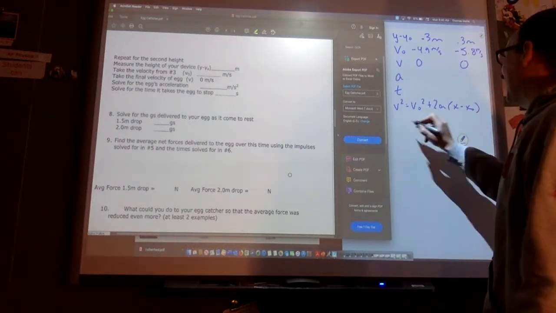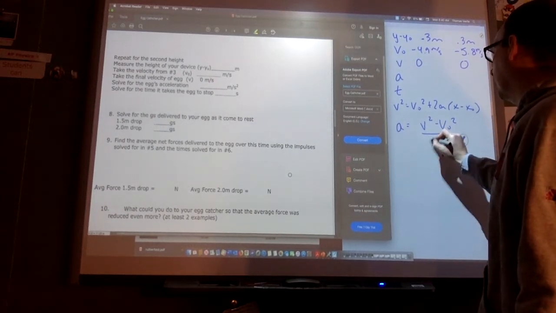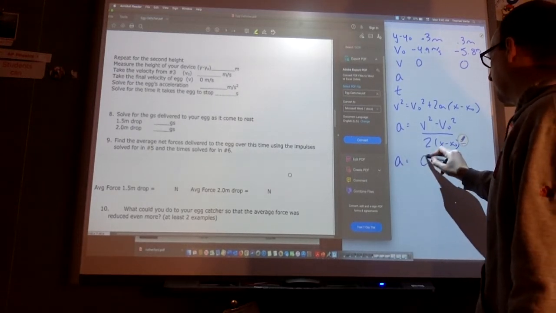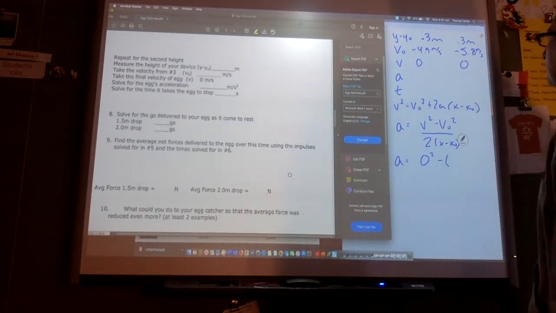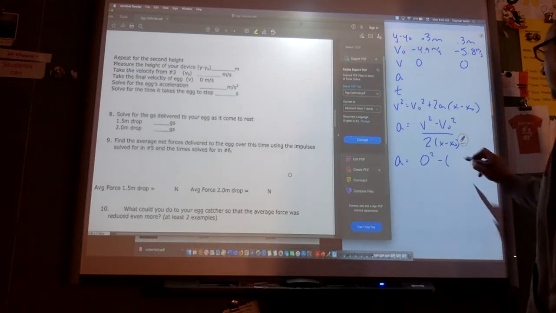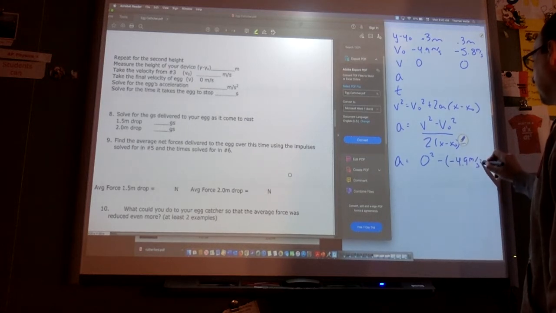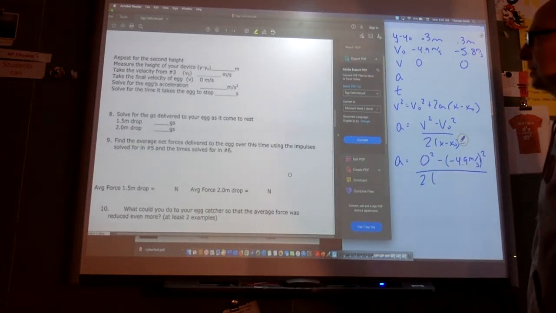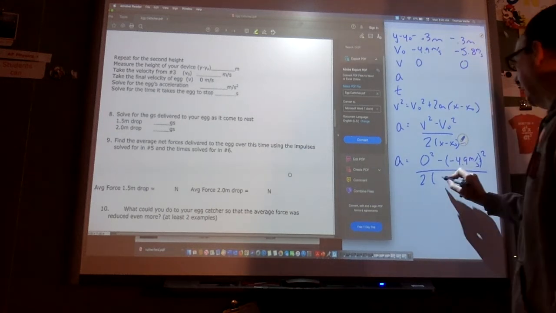All right, so I can say that acceleration would be equal to v squared minus v naught squared over 2 times (x minus x naught). So this is going to be 0 squared minus our initial velocity, so that's going to be negative 4.9 meters per second, squared, over 2 times the height. And since it's going to travel down, this should also be a negative.